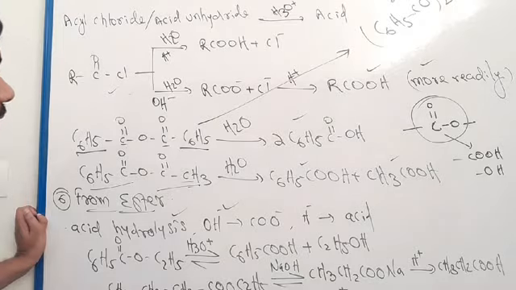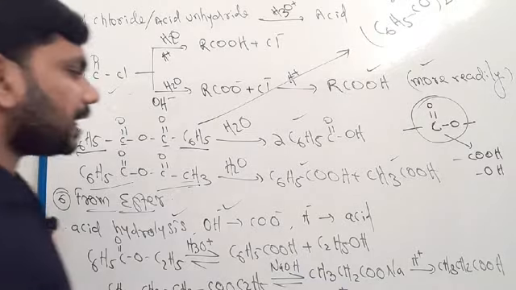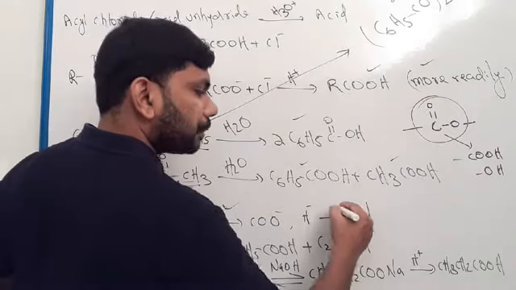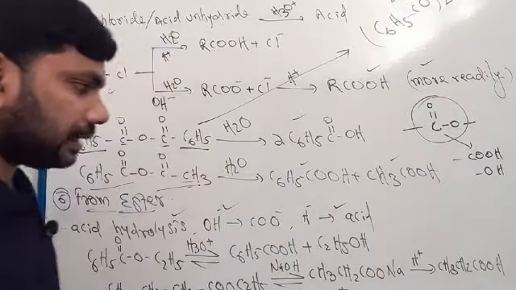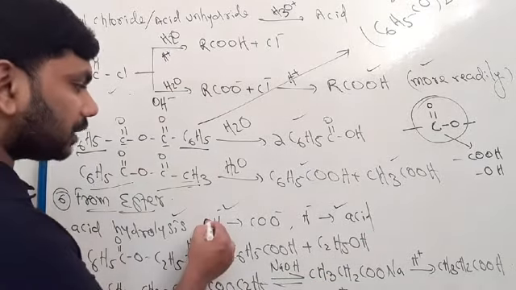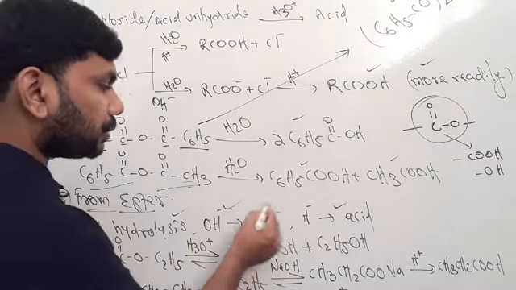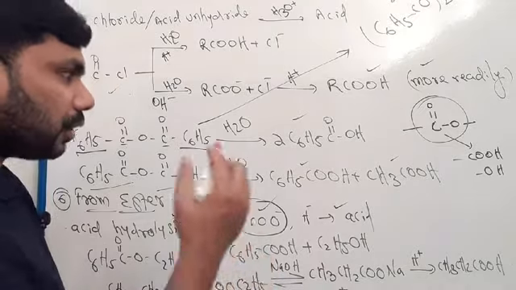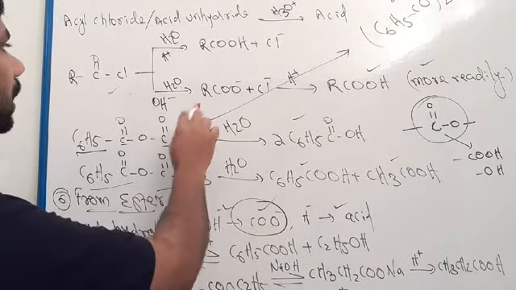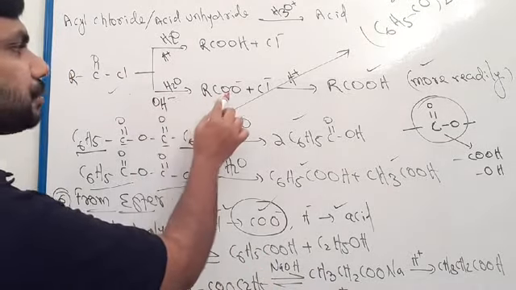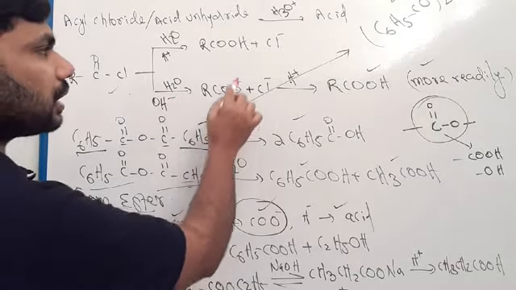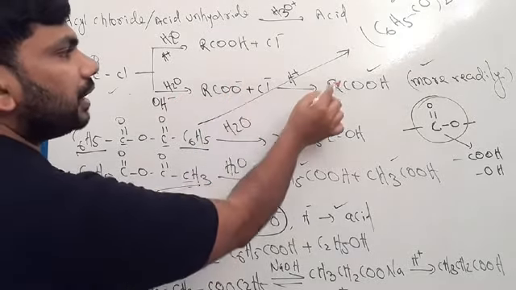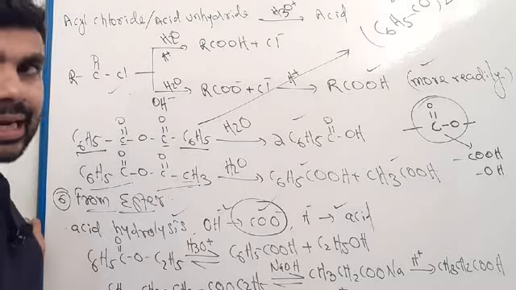After acidic hydrolysis they produce carboxylic acid directly, but in alkaline hydrolysis the ester first produces the carboxylate ion. The carboxylate ion on further hydrolysis changes to carboxylic acid.